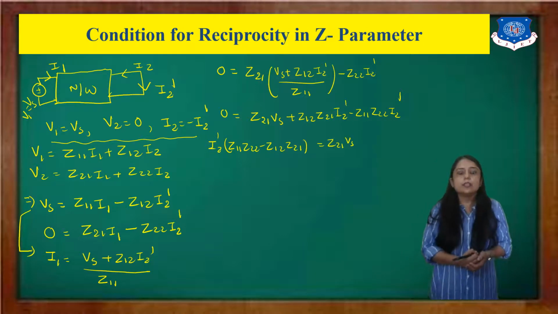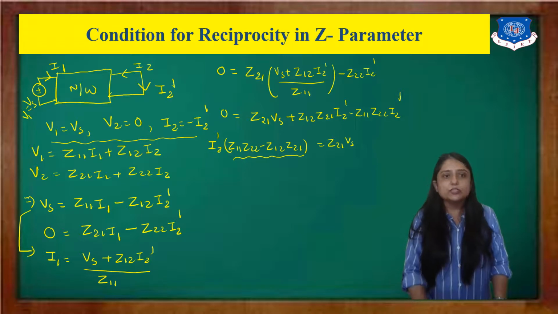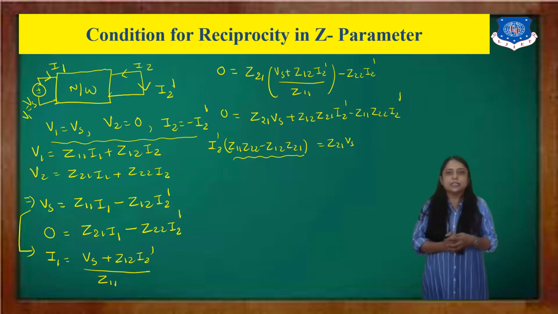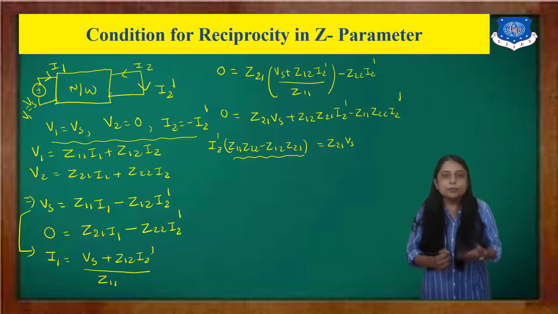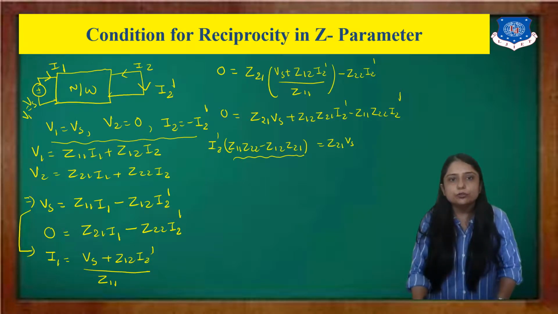Now see this carefully. If I write this in matrix form, then Z11, Z12, Z21 and Z22 is known as delta Z. If you want to replace this bracket with delta Z, that's fine, and if you want to write it as it is, that is also alright.